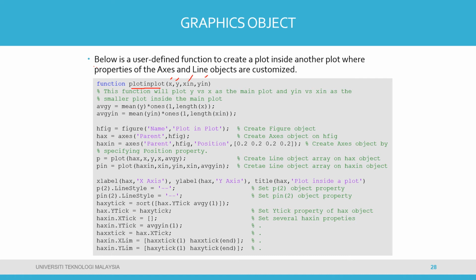This is the large plot. This is the plot inside the plot. Average mean y1, this one, and then you call the function object here, the axis object, and you plot it and you plot in.